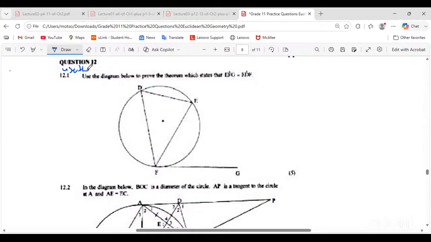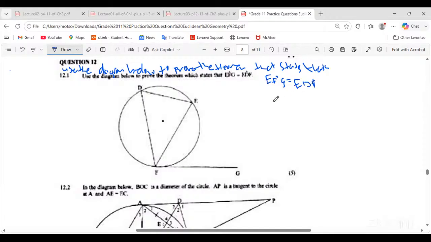It says: use the diagram below to prove the theorem which states that angle EFG is equal to angle EDF.